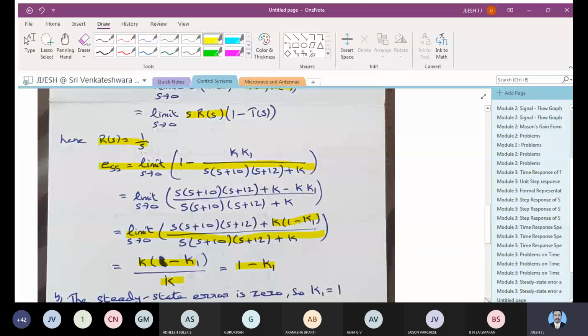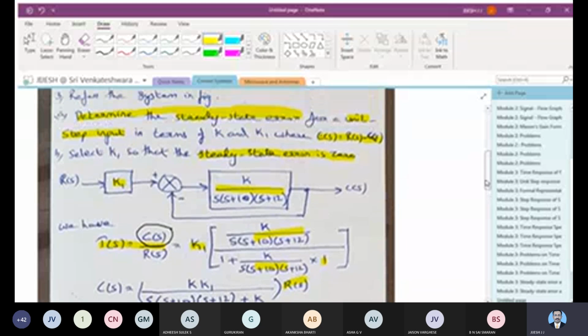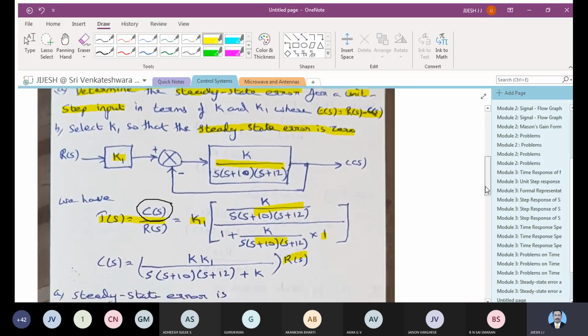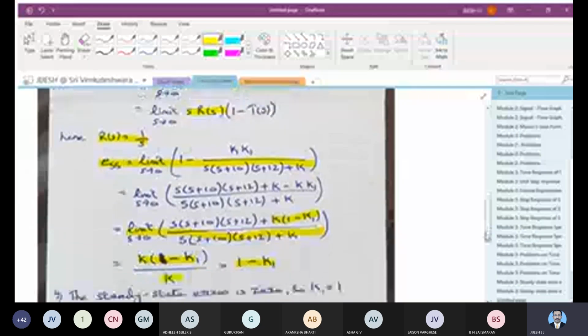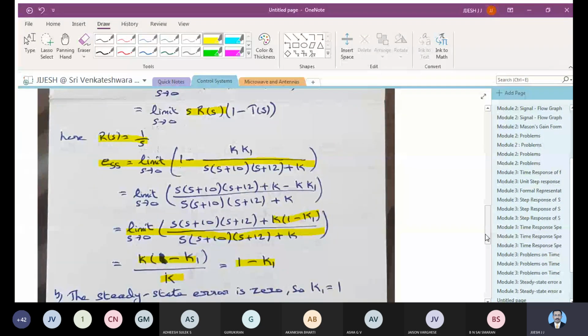So that is the first thing, the steady state error in terms of k1. So you got ESS in terms of k1, that is 1 minus k1. Next, the steady state error you have to make it 0. So what I have to do? You got ESS as 1 minus k1. So to make ESS to be 0, I have to make k1 as 1.